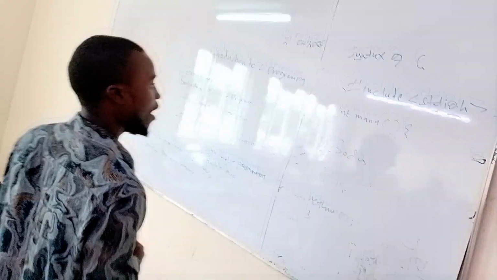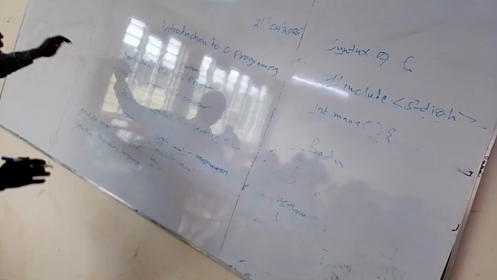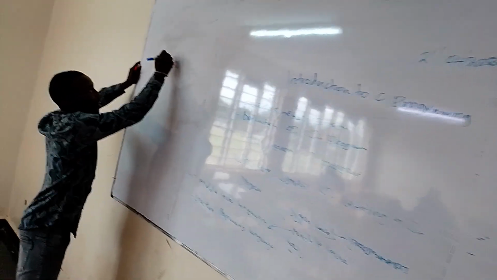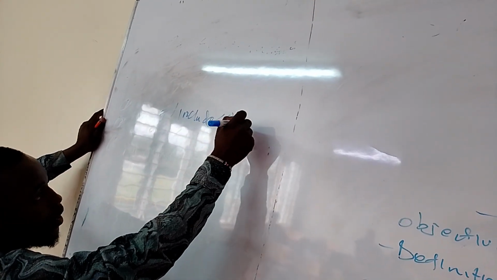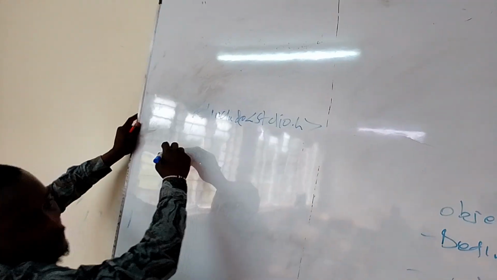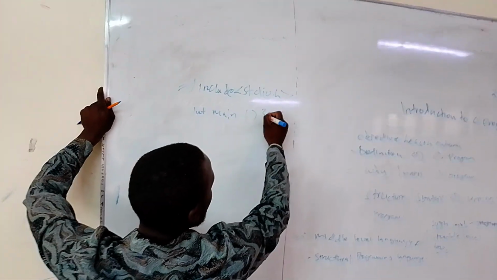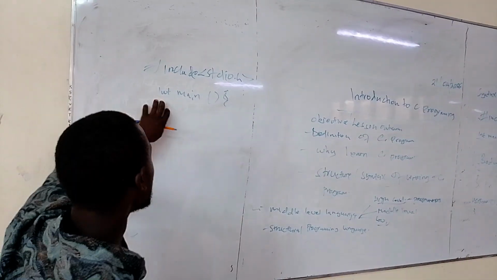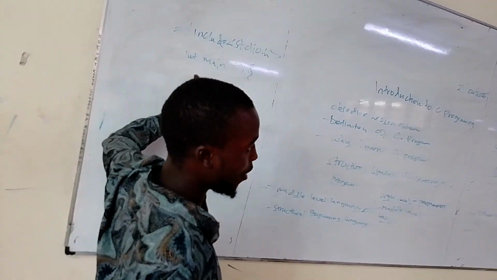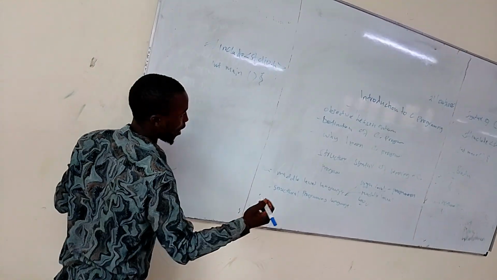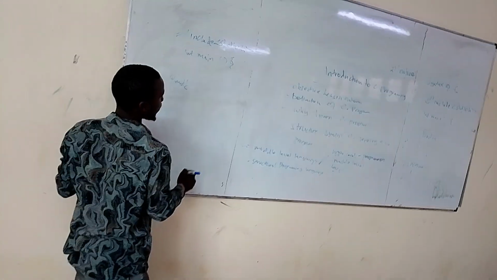So, for example, if we were to print anything, we write our code here, like hashtag include stdio.h, and then int main. Here we have told our compiler that here is where we want to write our code. So we write here what we want our compiler to do. We tell it printf.